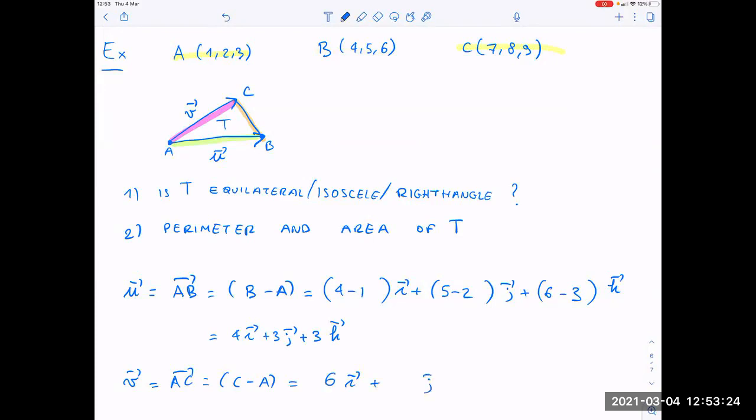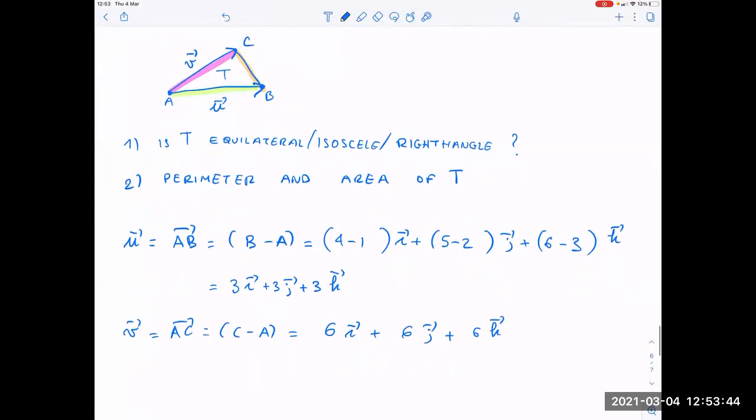The coefficient of J is 8 minus 2, 6. The coefficient of K is 9 minus 3, 6. Yep, sorry, this is a 3. 4 minus 1 usually is 3, right? And these are the two.